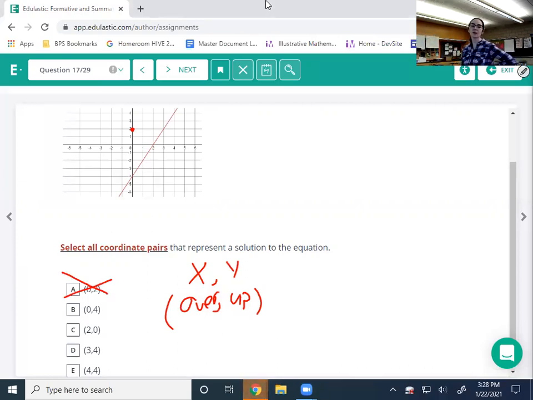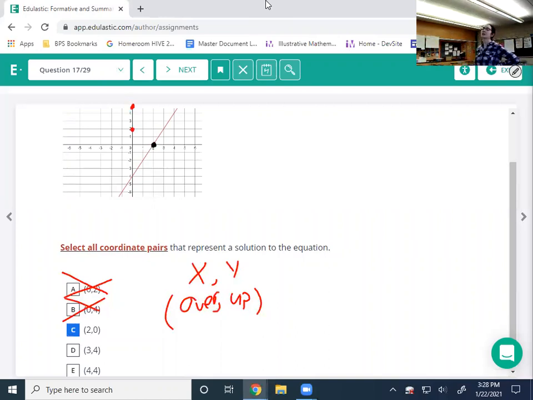The second one, (0, 4), over 0 up to 4, does not fall on our line, so it is not a solution. Now C, (2, 0): over 2, up 0. It falls on our line, so this one is a solution.